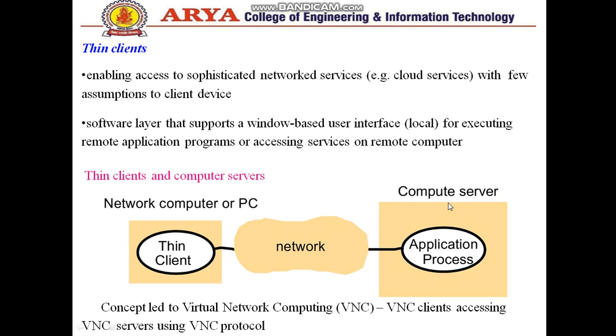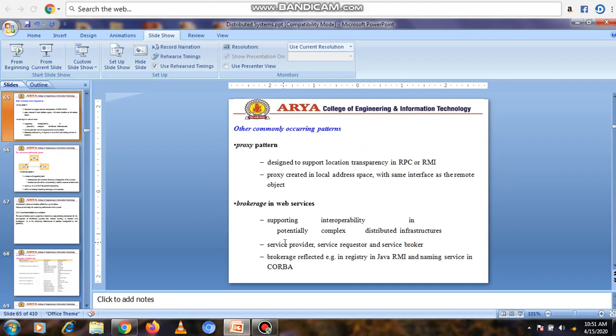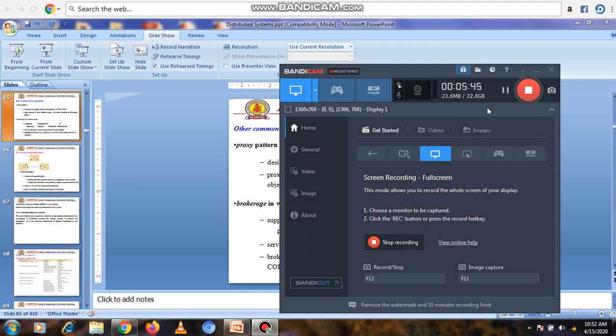Now thin clients. The clients are thin clients. They enable access to sophisticated networked services with few assumptions about the client device. It is a software layer that supports a window-based user interface for executing remote application programs or accessing services on remote computers.